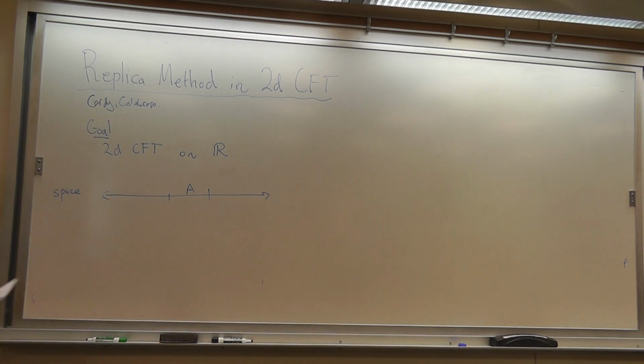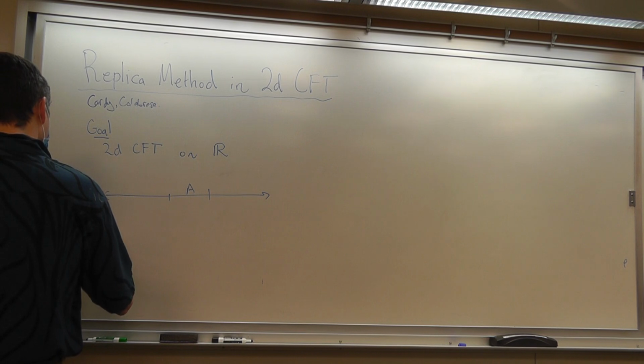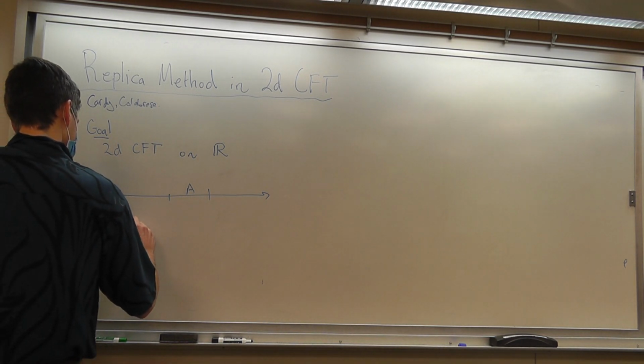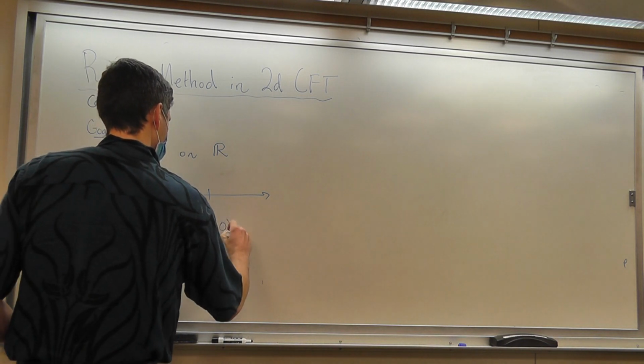Region A is a connected region, which in 1+1 dimensions just means that region A is an interval. And we're going to be working in the vacuum state, rho is |0><0|.